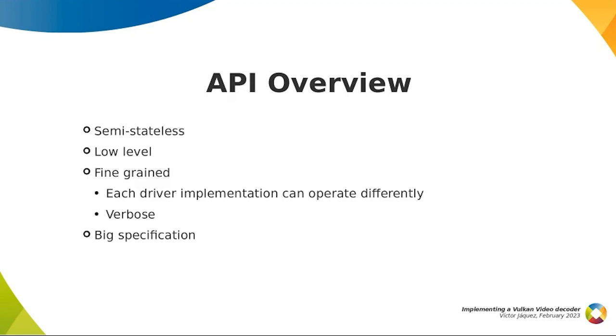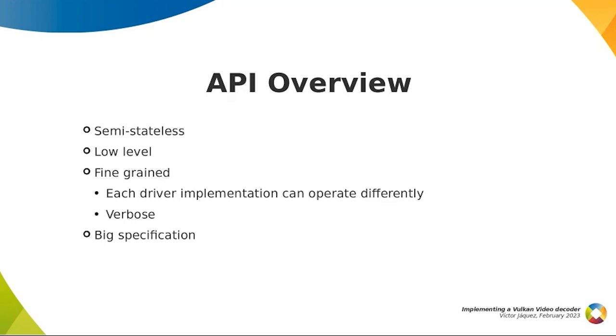This is also very fine-grained, meaning that every vendor can choose different ways to process the stream. That's something that was explained by Tony, that AMD can do something for the DPB, NVIDIA another thing. So if you want to implement generic video processing using Vulkan, you have to recognize what the hardware asks you to do and implement it, of course.